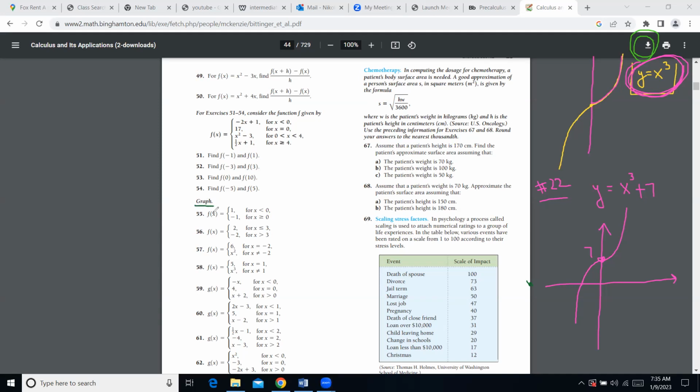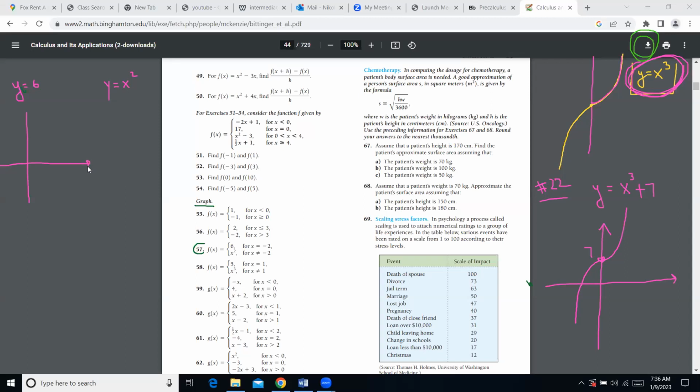So in exercise number 57, here I have a function f of x, which is given as a pair of equations. So the first one says y is equal to 6, and the second says y is equal to x squared. So I can graph both of those separately.